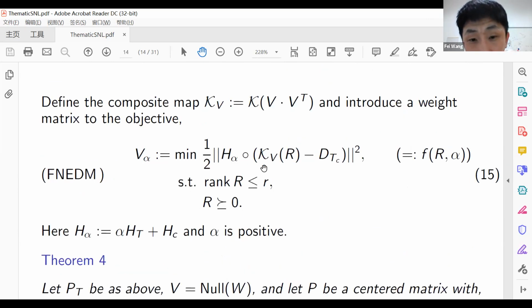Here X is replaced by KVR, where VR is obtained by applying the facial reduction, and H alpha is the weight. So we add a weight.